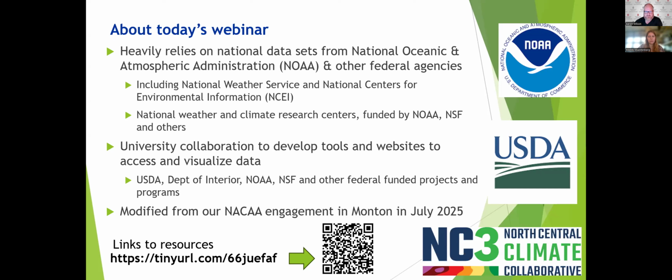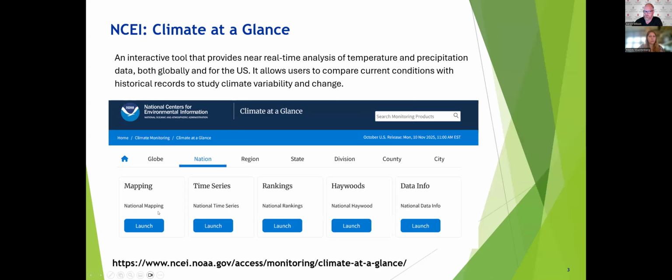So I'm going to get us started looking at the National Centers for Environmental Information's Climate at a Glance. This is an interactive tool that provides near real-time analysis of temperature, precipitation, and other data globally and for the U.S. And really, it's utilized really well.